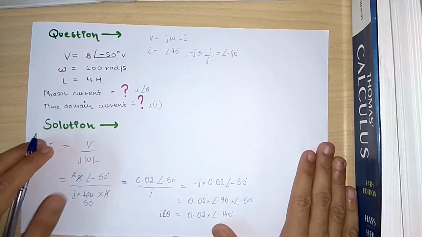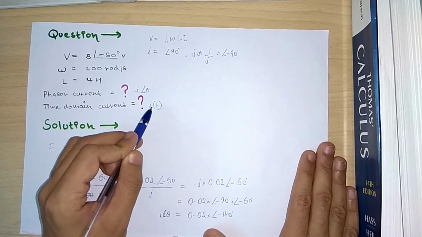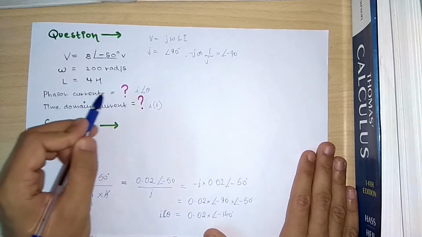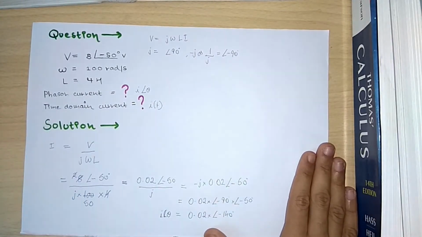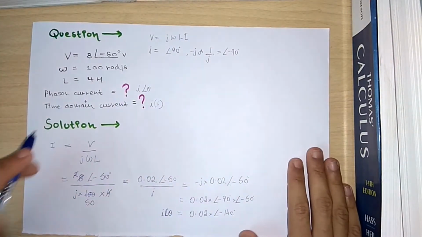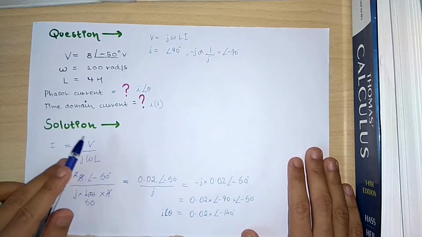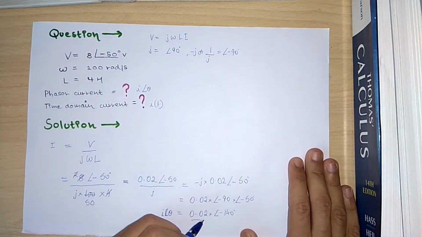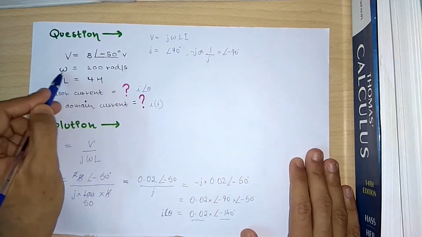And now we'll try to find the time domain current, which is i(t), from the current we just found in phasor form. We'll just require three things from the complete question, which are the magnitude of current, the angle, and the frequency or omega.